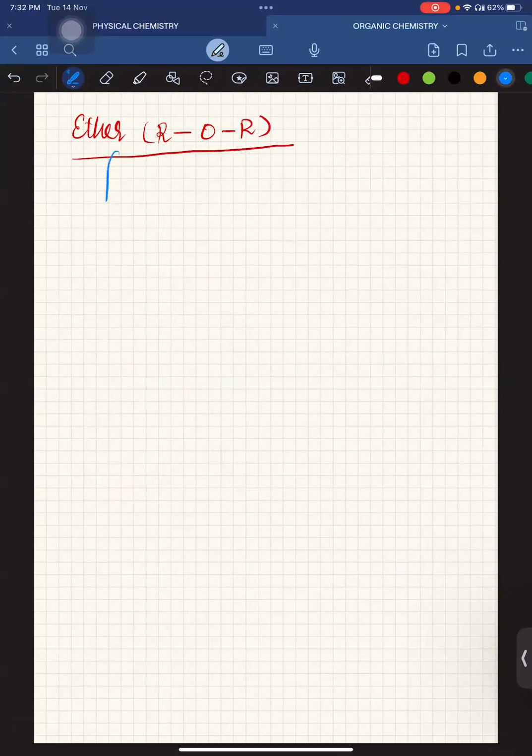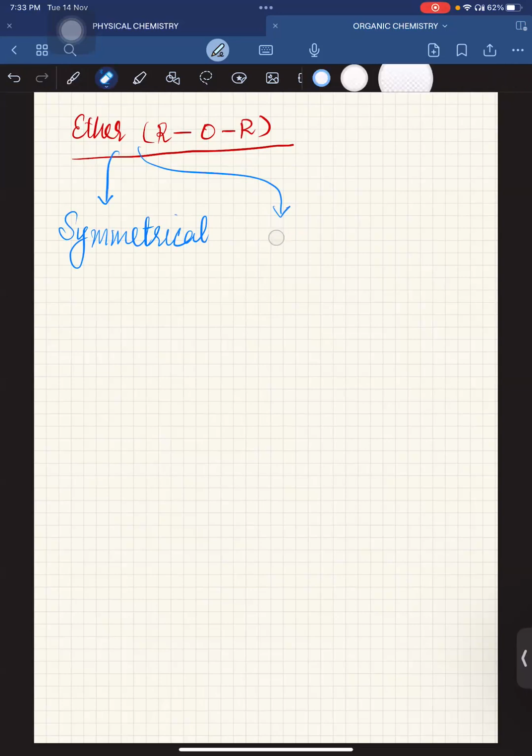Now, there can be two types of ether. One is symmetrical and another is asymmetrical, or we can write unsymmetrical, the NCERT term. What is symmetrical?